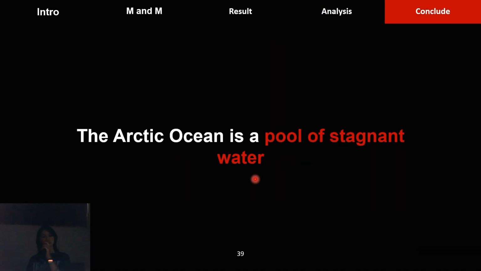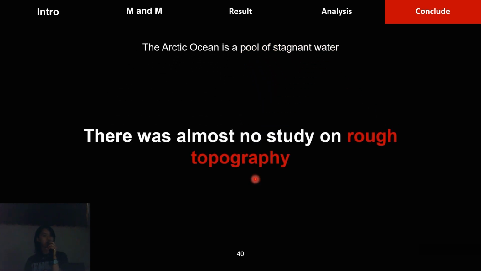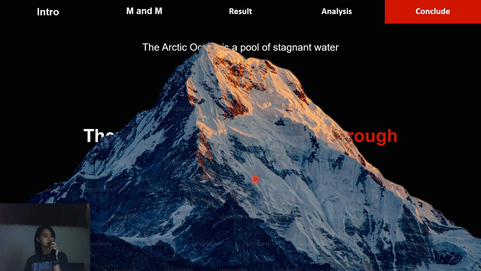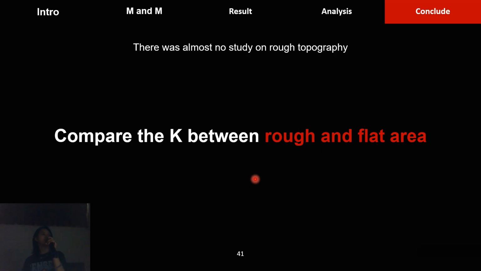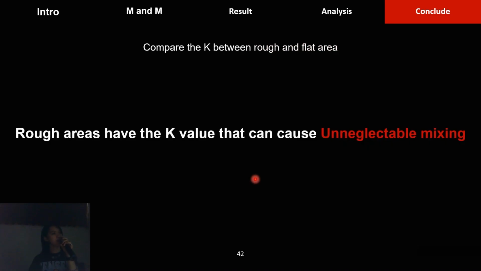So, in conclusion, today we're challenging the old view of the Arctic Ocean as just a pool of stagnant water by looking through the internal waves in different topography areas, and found out that even though the internal wave energy in the flat area is pretty low, the internal wave energy in the rough area can cause non-negligible mixing.